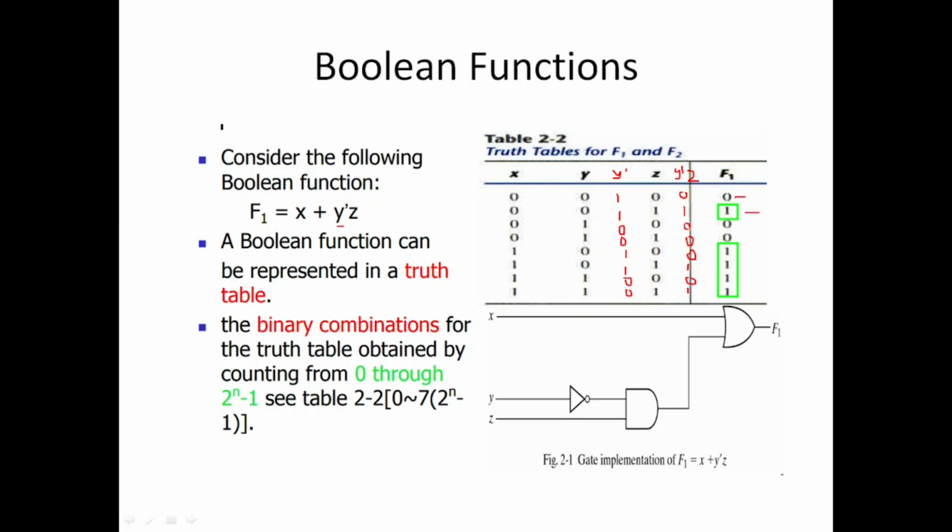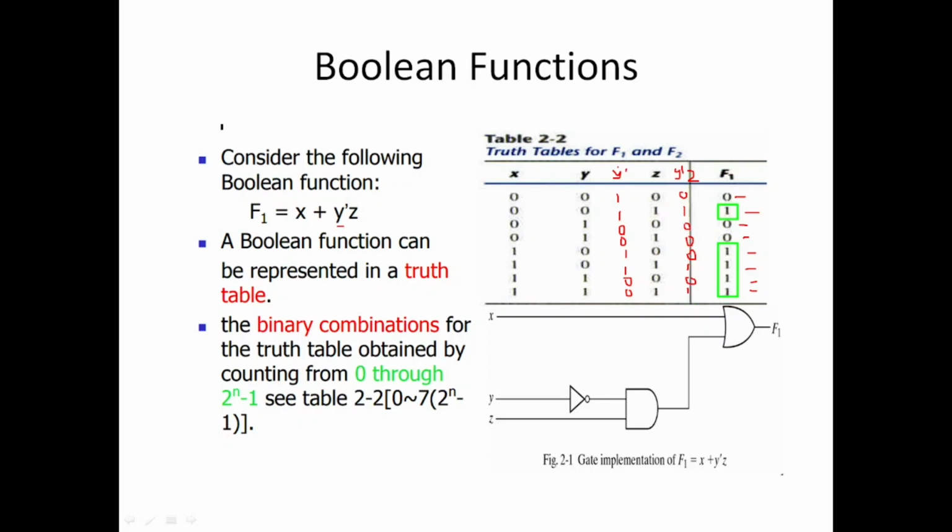Again 0 or 0 is 0. 0 or 0 is 0. And 1 or 0 is 1. 1 or 1 is 1. 1 or 0 is 1. And 1 or 1 is 1. So it is represented directly. We can add extra columns and find the Boolean functions.